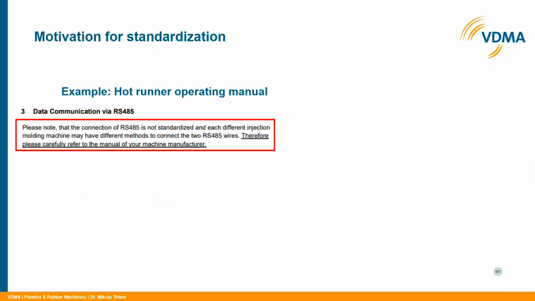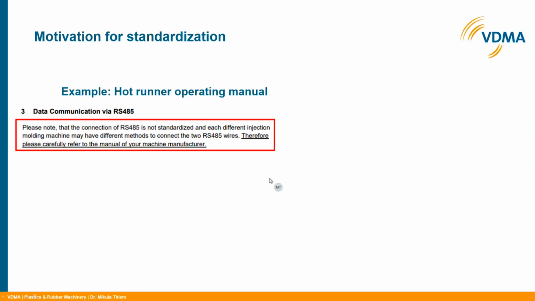And before I now hand over to Jürgen Peters from Aarburg, I want to give you just one example I found which shows the benefits of OPC UA for the end user. And this is an example from a real operating manual of a hot runner. And this operating manual has a chapter which is called data communication.